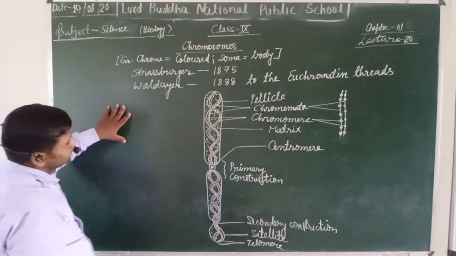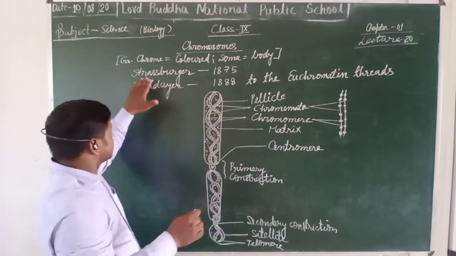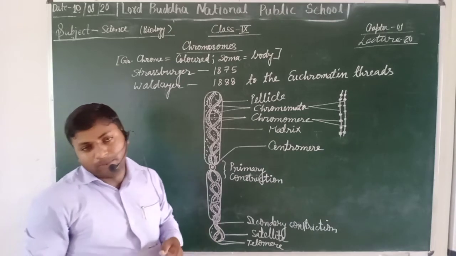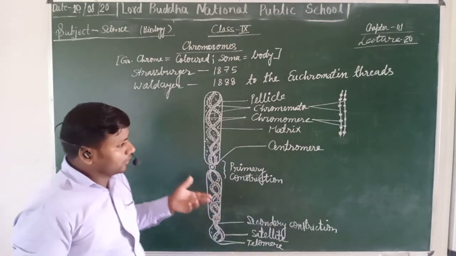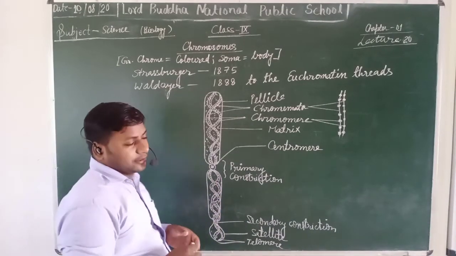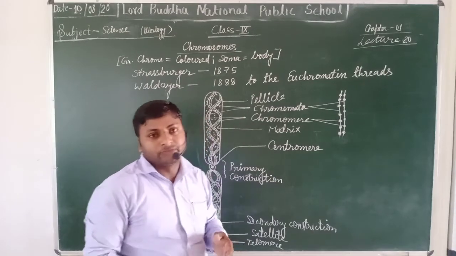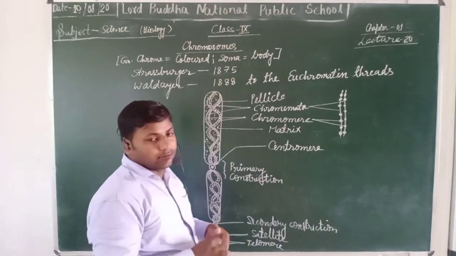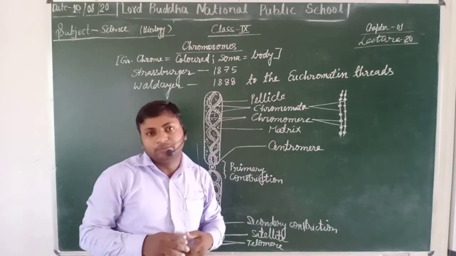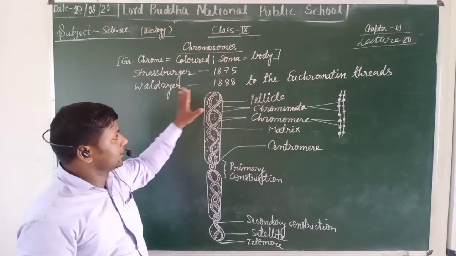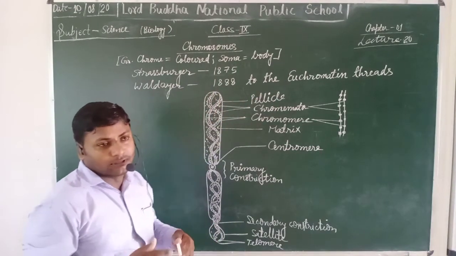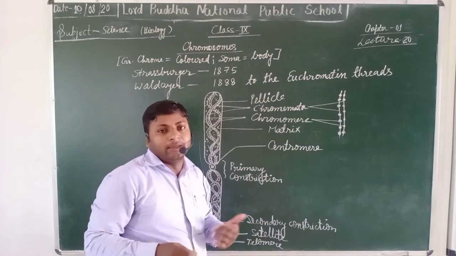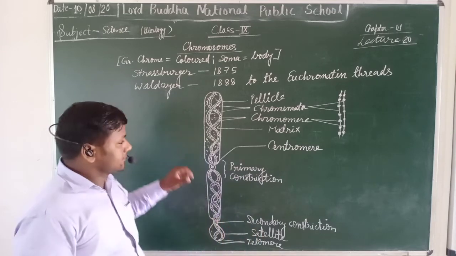Now, first of all, Strasburger observed thread-like colored bodies in the nucleoplasm, and he did not give any name to these bodies; he simply called them chromatic threads, as all of you studied in the part on the nucleus.